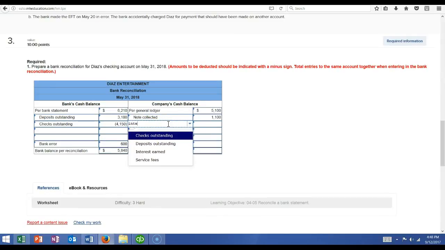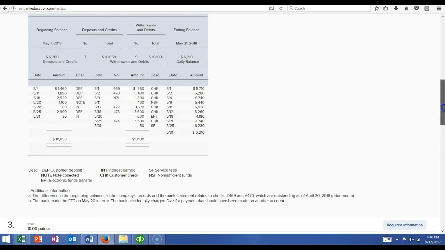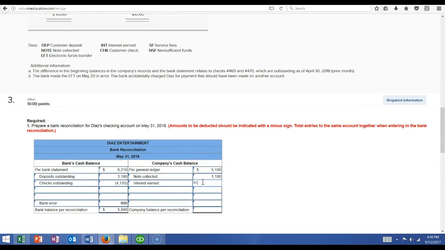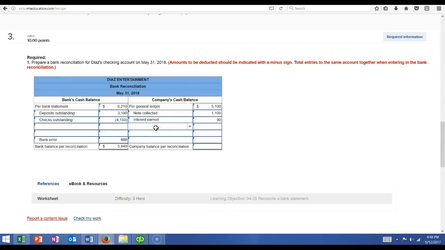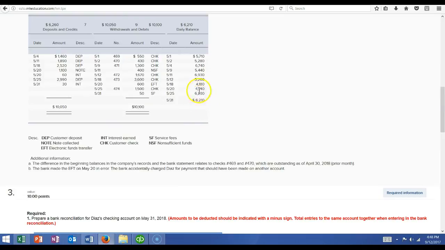Then we have interest earned of $60 plus $30. $60 here, $30 here, so that's $90. I also see an NSF here of $400. So that's $400 NSF we need to record. NSF, minus $400.